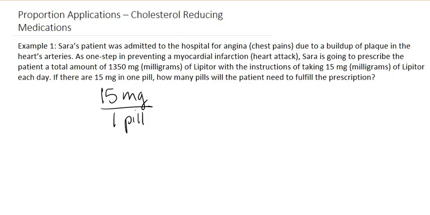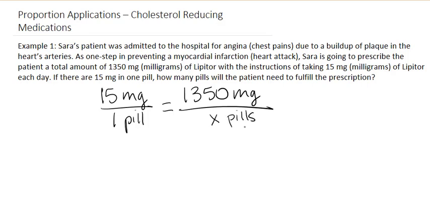But we also know that we have 1,350 milligrams that is being prescribed. So we would write that on the other side of the proportion, right here. And we don't know how many pills, so the X will represent the unknown.